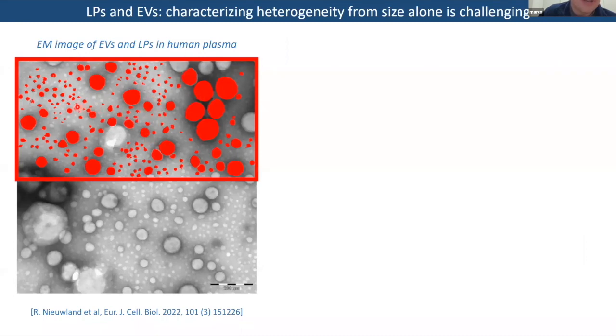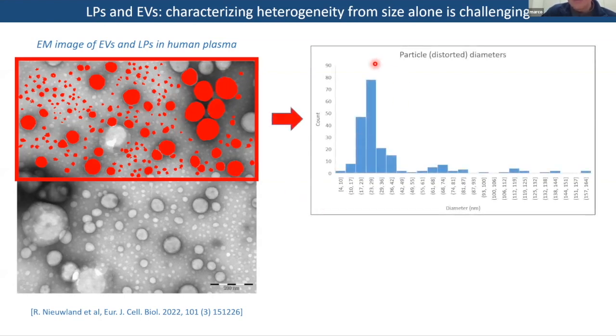Even if we know that these are distorted diameters because it's deposited on a surface, you get a distribution of sizes which already looks familiar because you get a peak here around 20, 25, and then of course larger objects. Let me also point out that I wasn't able to really automatically take into account all the small particles because they are too faint.